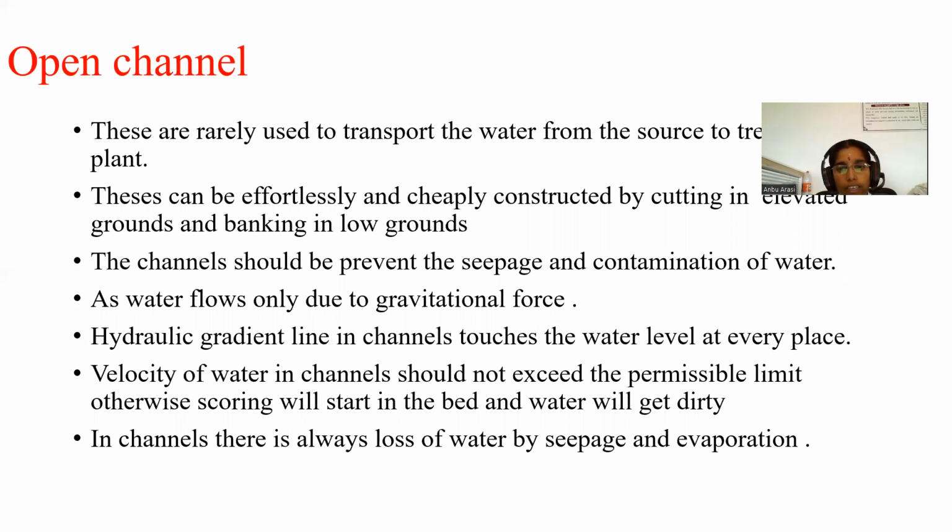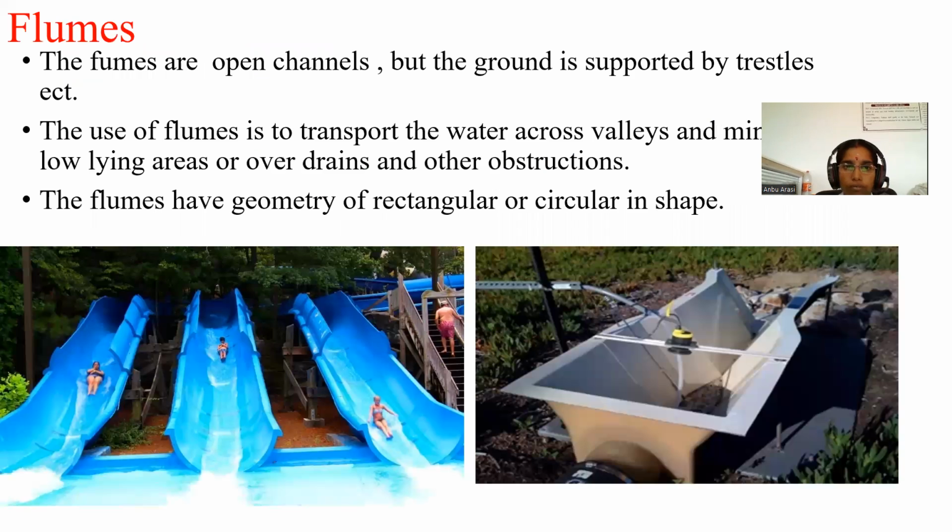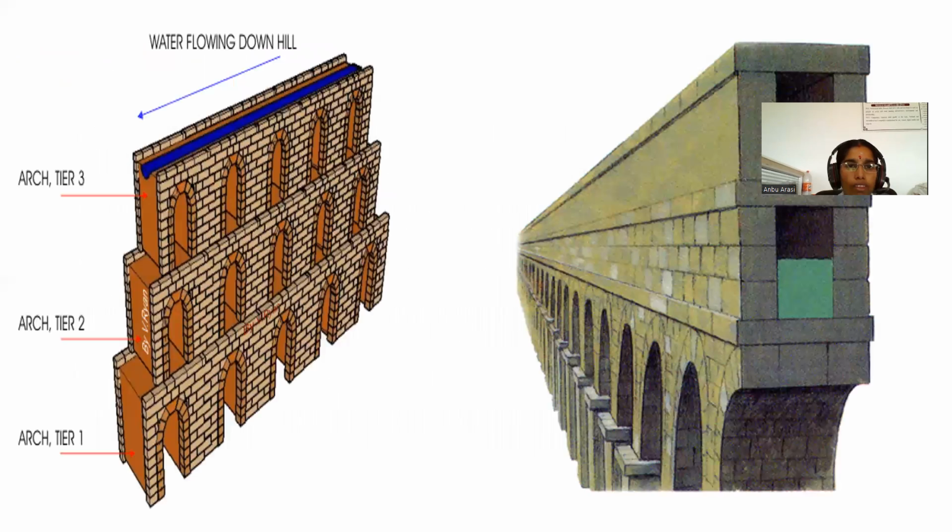The hydraulic gradient line in channels touches the water level at every place. Velocity of water in channels should not exceed the permissible limit, otherwise scouring will start in the bed and the water will get dirty. In channels, there is always loss of water by seepage and evaporation. This is the typical flume.